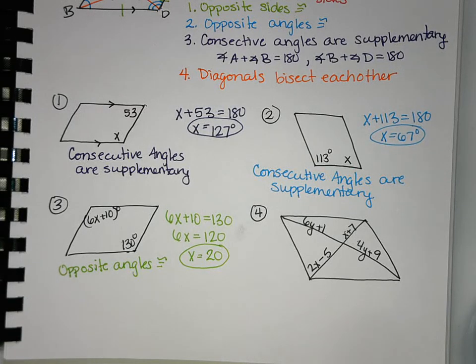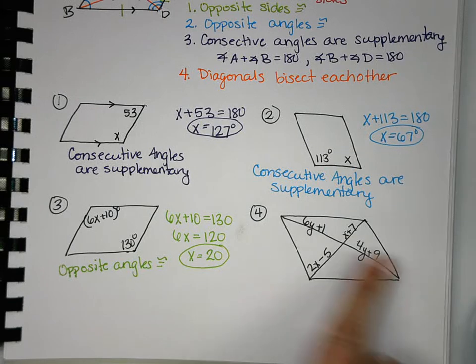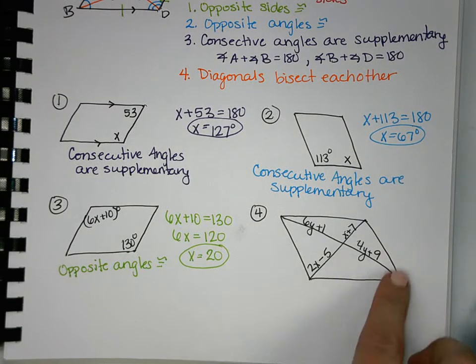Not vertical. So we're looking at the 4 properties of parallelograms. Do you see the 4th property about diagonals? The diagonals bisect each other. Diagonals connect opposite corners.